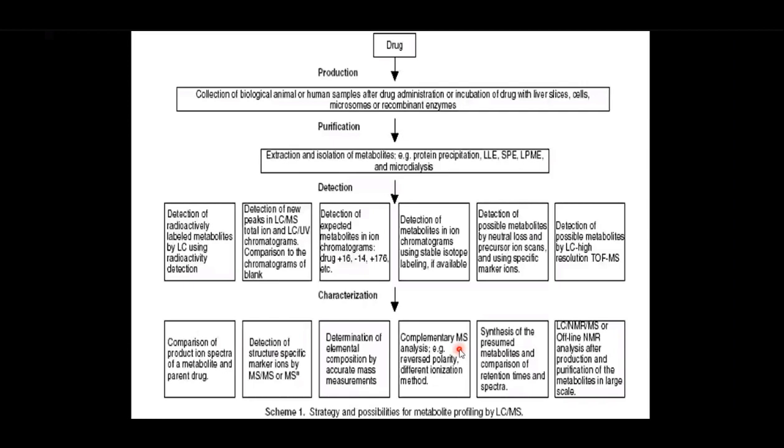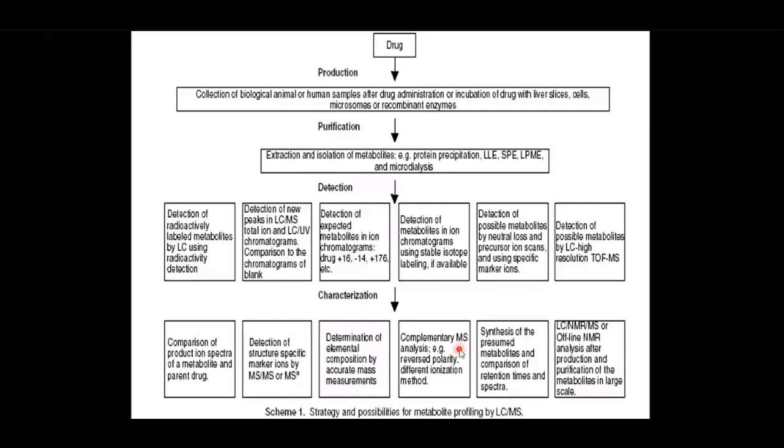So you can use ESI and APCI both and look at the fragmentation pattern in both modes and compare them. If you get similar information for the particular peak which is supposed to be a metabolite, on the basis of the product ions you can conclude it is definitely the same compound which you are looking for. Synthesis of the presumed metabolites and comparison of the retention time and the spectra.